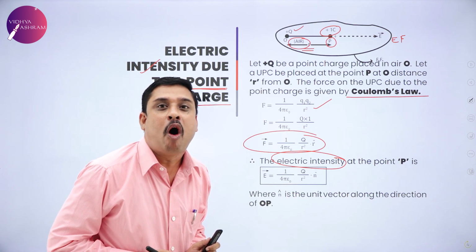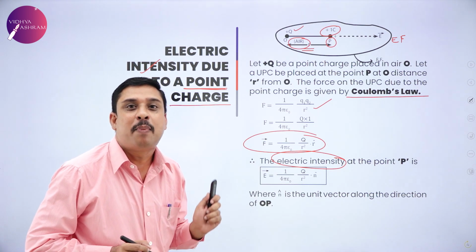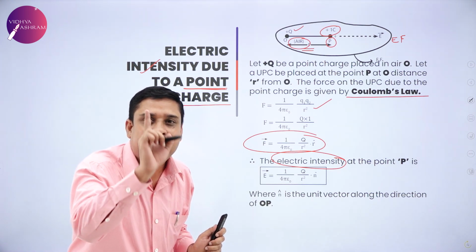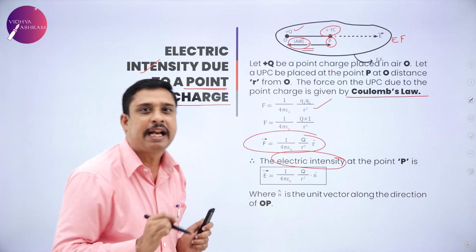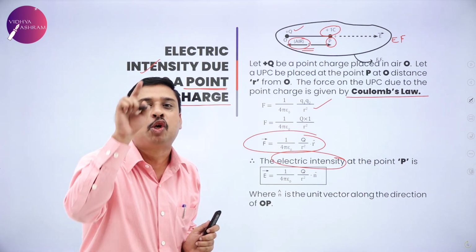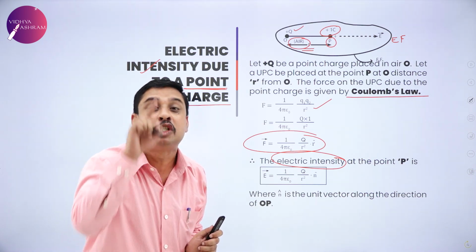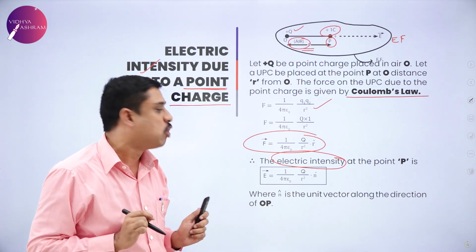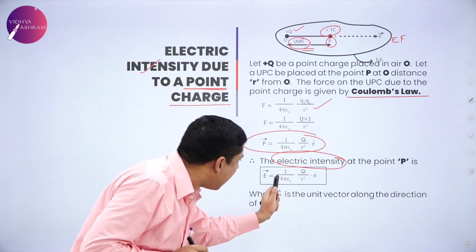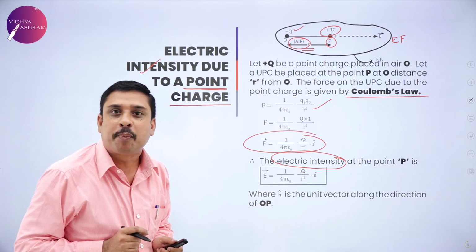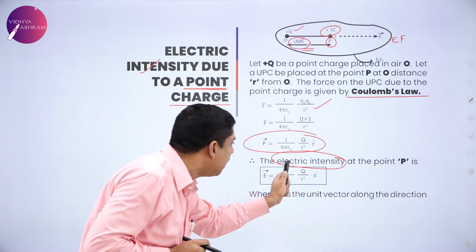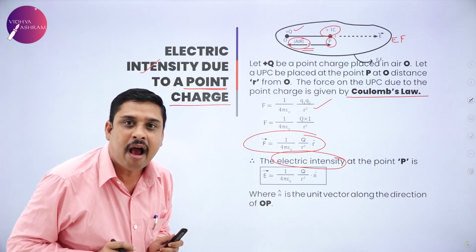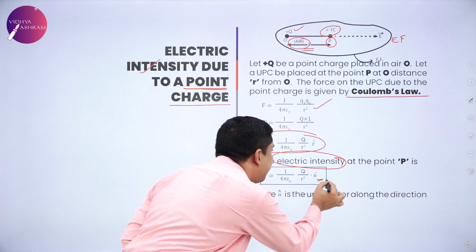Magnitude of the point charge divided by distance square. Kindly note this. Most of the times you go wrong by writing Q divided by R, which is potential. Electric intensity is always 1 divided by 4 pi epsilon naught Q divided by R square into n cap.